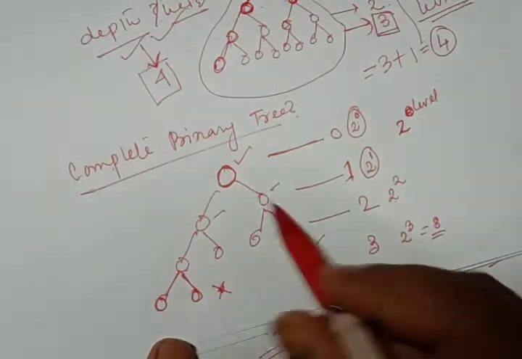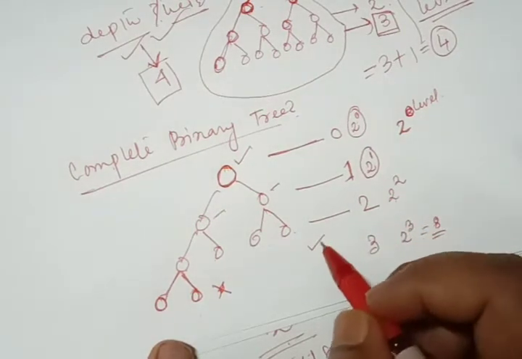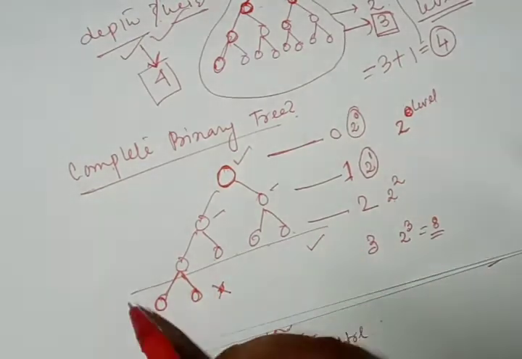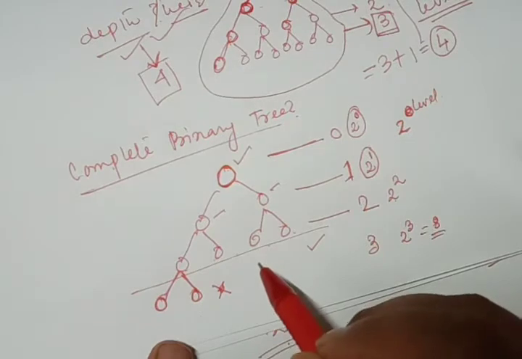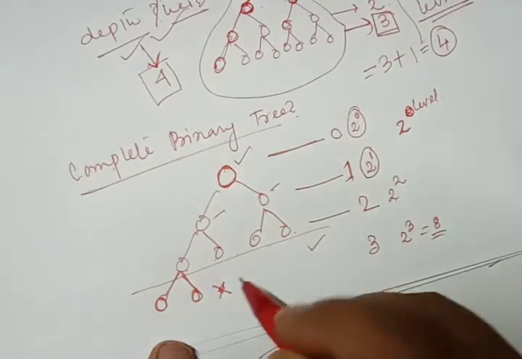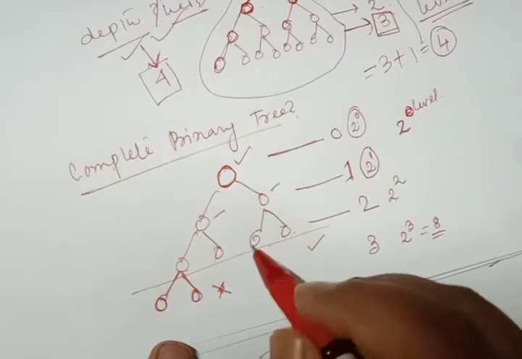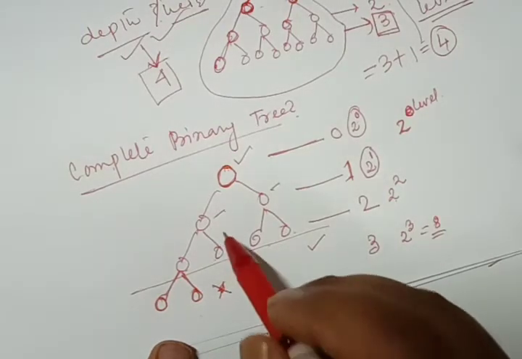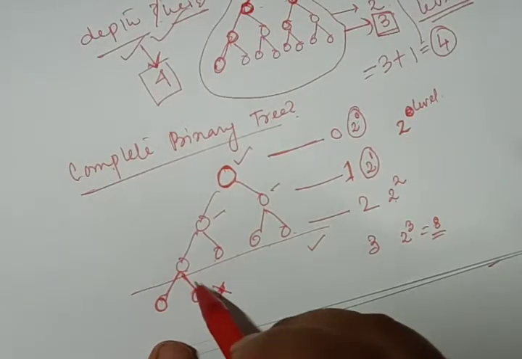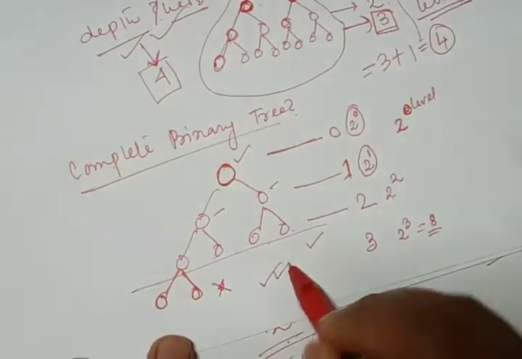The definition itself tells that the tree is said to be complete if all its levels except possibly the last have the maximum number of possible nodes, and if all nodes at the last level appear as far left as possible. That means if any node appears in the last level, it must be present at the left of the tree. So this one is also a complete binary tree.